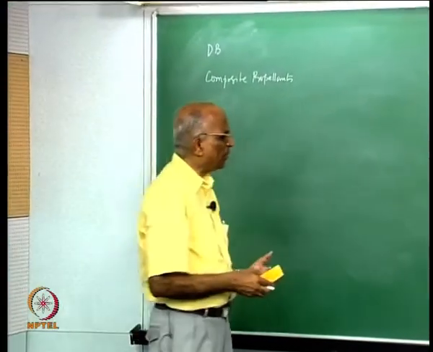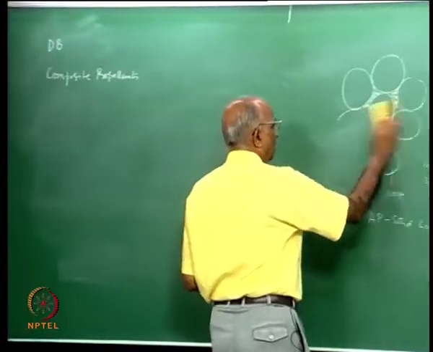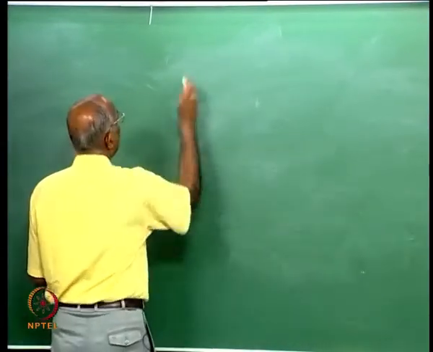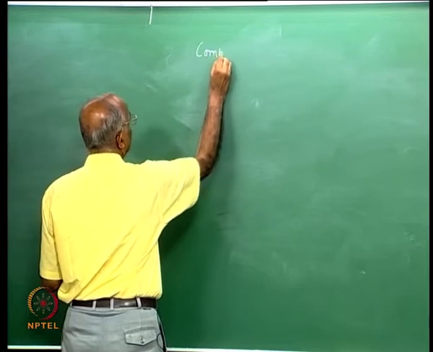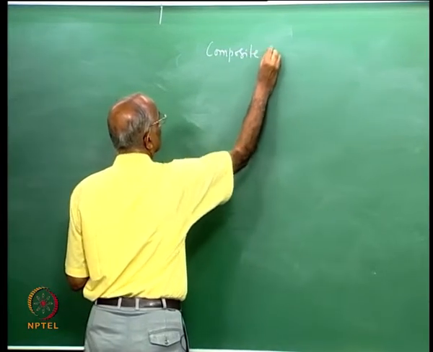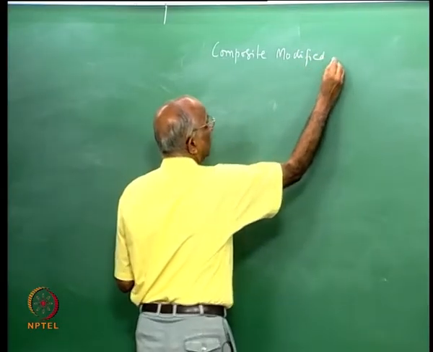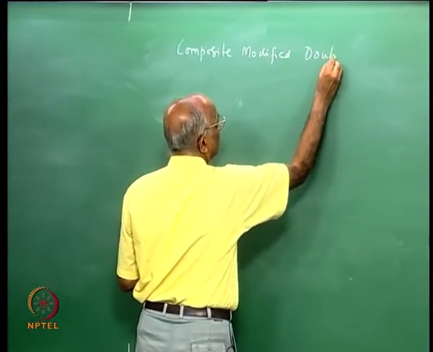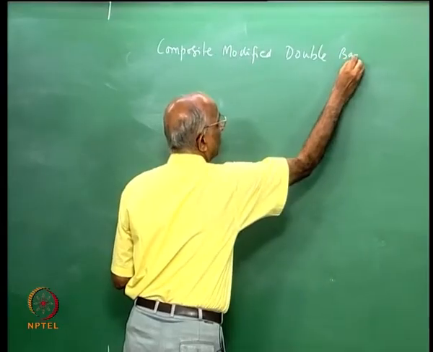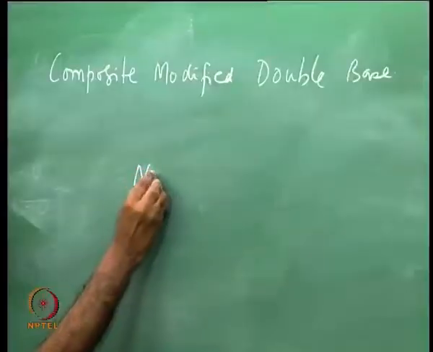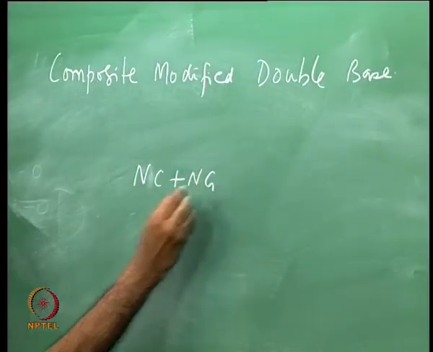Well, the other two propellants in solids are derived from these two. We say composite modified double base. We have already seen double base propellant is nitrocellulose and nitroglycerin, right?